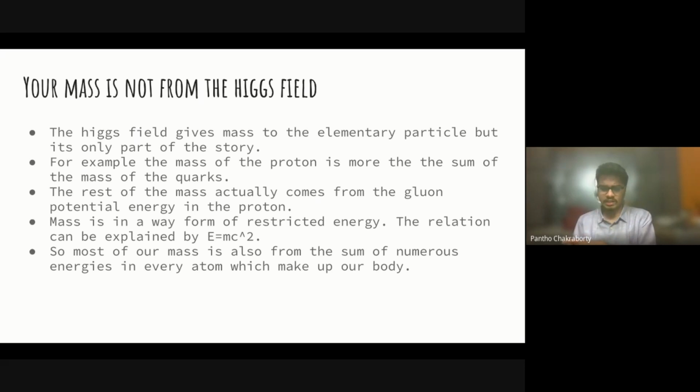There's a strong nuclear force by the gluons. There's a weak one. There's the electromagnetic force. Even though gluons and photons are massless, the energy that they carry also contributes. If anything has more energy, it has more mass.